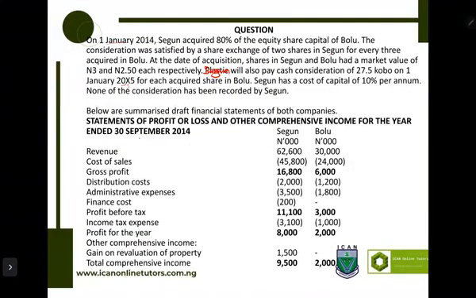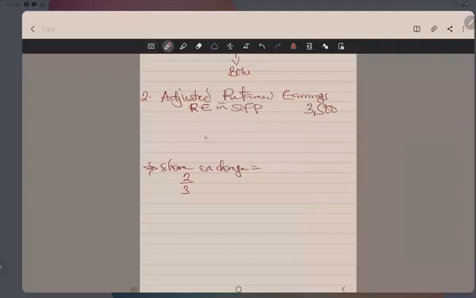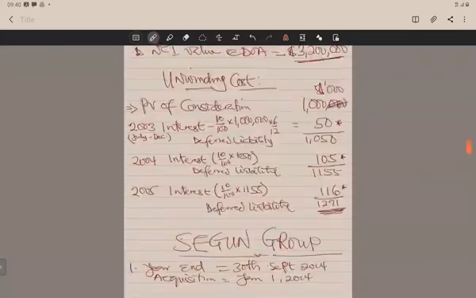Equity shares of 1 naira have already been given. Equity shares of 1 naira in Segun is 10,000, and in Bolu is 9,000. Just like the first one, 2 shares for every 3 shares.